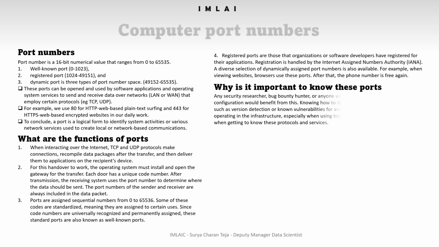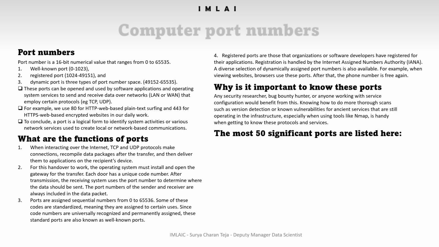So the following are some of the most common service names, transport protocol names, and port numbers used to differentiate between specific services that employ TCP, UDP, DCCP, and SCTP.